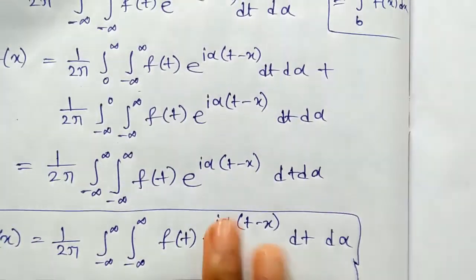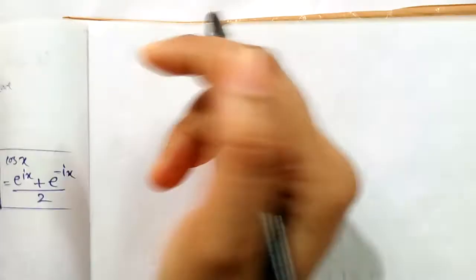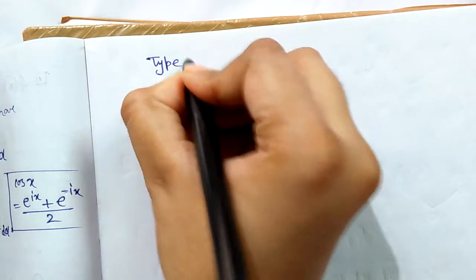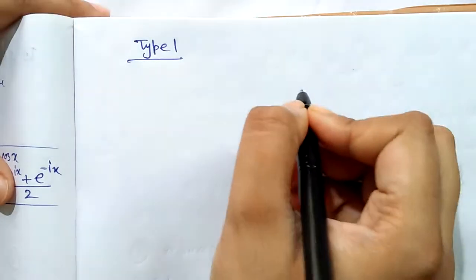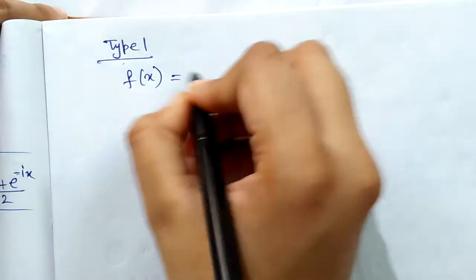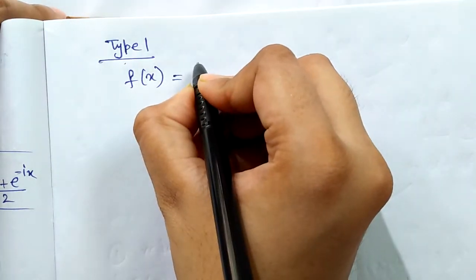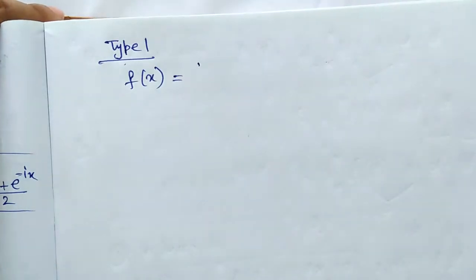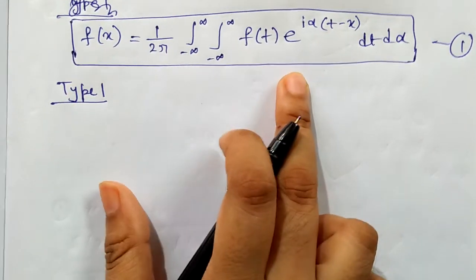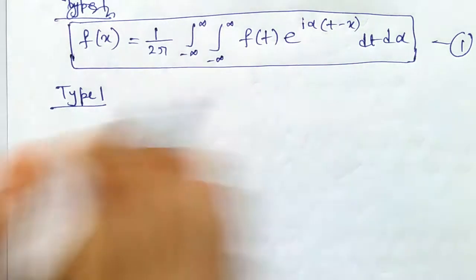Next, go to type 1. In this case, f(x) can be written in this way. I am writing f(x) again; this is our key line.